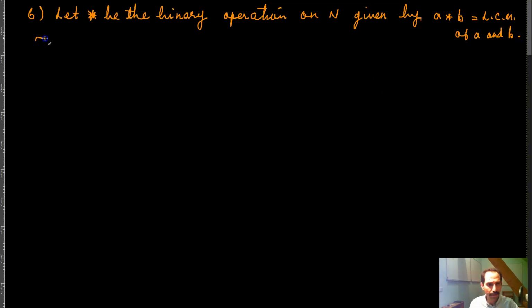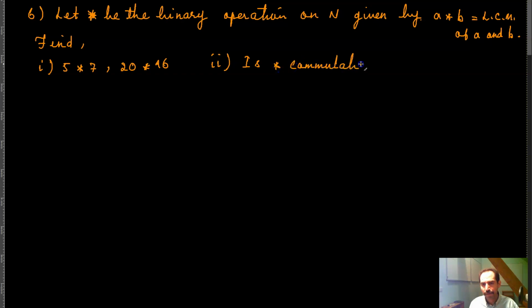Find number 1, 5 star 7 and 20 star 16. Number 2, is star commutative? Number 3, is star associative?